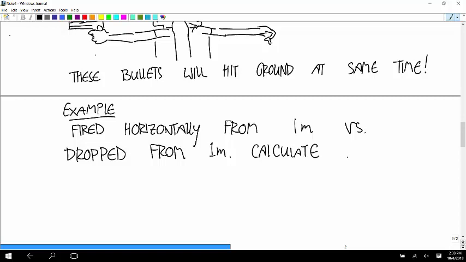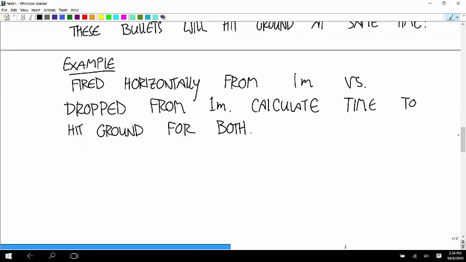And we're going to calculate the time required to hit the ground. Okay, so let's just do the dropped one first.